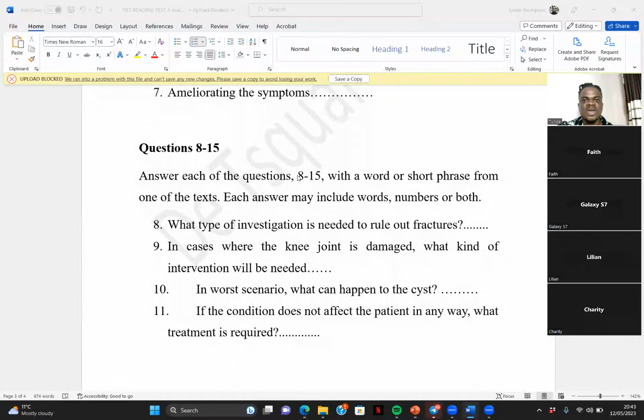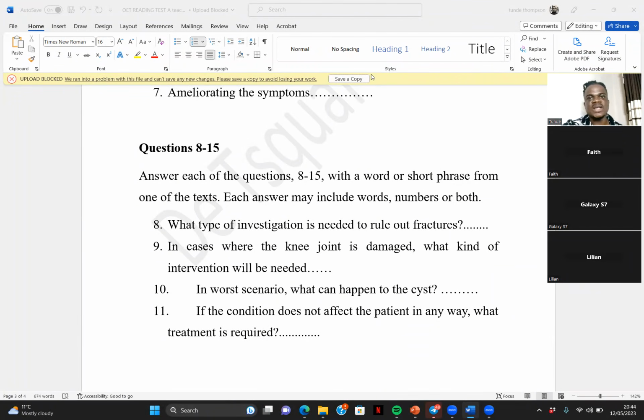From this question, which text do you think you are going to? Faith said D, and I agree, because here they said intervention that will be needed. Intervention means treatment, and my text D is telling me treatment. Then the next thing is, what are the key words that will help me get the answer? The key word here would be a damaged knee joint.